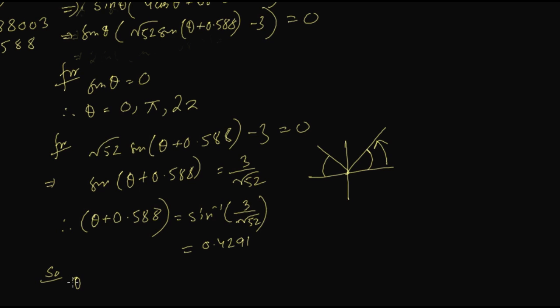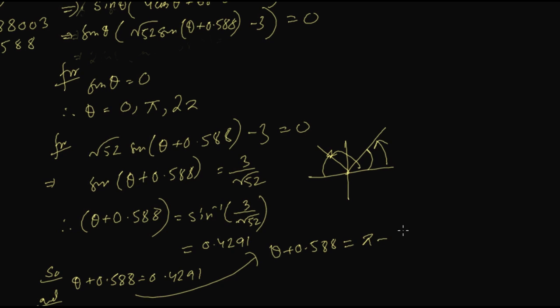So the first one is in the first quadrant: theta plus 0.588 equals to 0.4291. And this is in the second quadrant: theta plus 0.588 equals to 180, meaning pi. Remember, this is in radian mode.